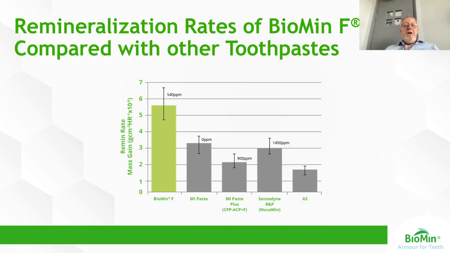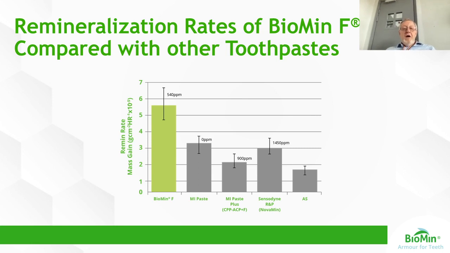So here in the light green, for example, we have the remineralization rate with BioMin F. And then over on the far right, we have the remineralization with artificial saliva. The saliva at pH 7 will result in remineralization. And then we have the remineralization of the Sensodyne Repair and Protect, which is pretty good. It's about twice that of the artificial saliva.